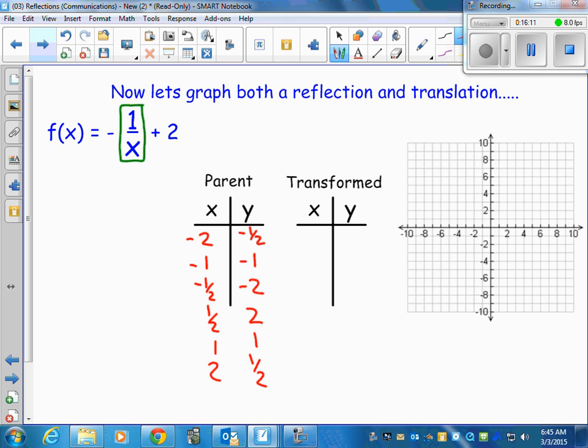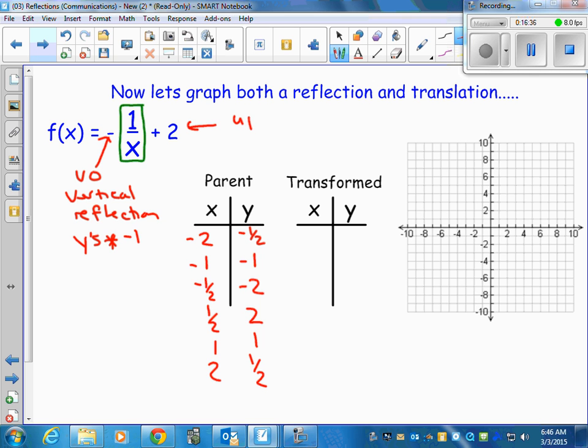So now I have the parent function. The 1 over x is what we've boxed, so we actually have a vertical outside negative and a +2, so everything here is going to affect our y values. We have a vertical reflection, or our y's times negative 1. We trust what we see; we're going to trust that multiplier.